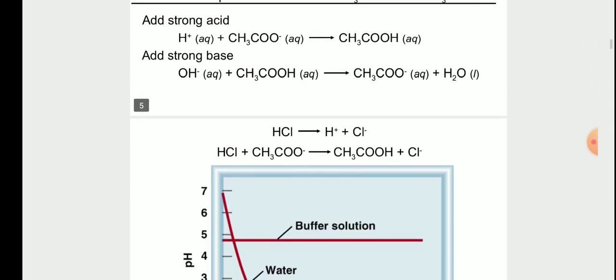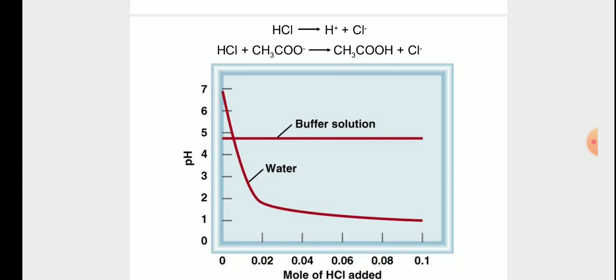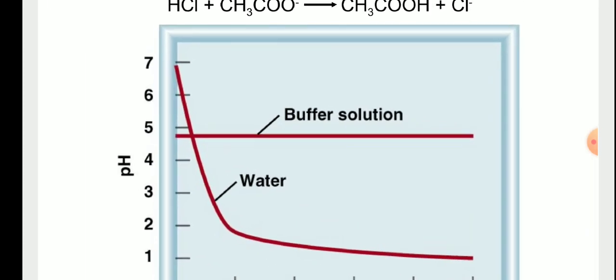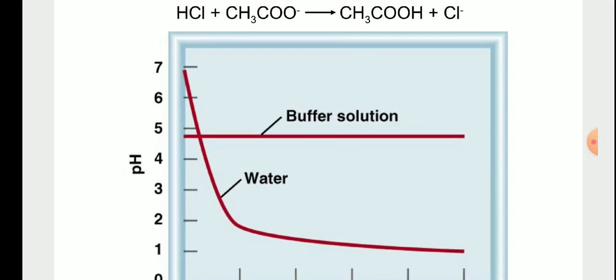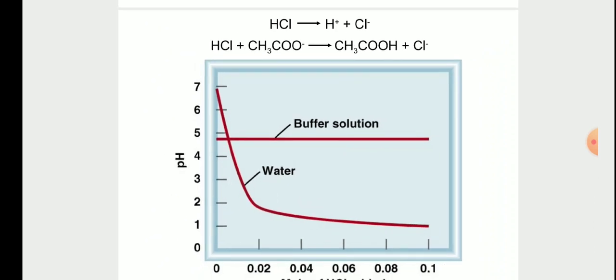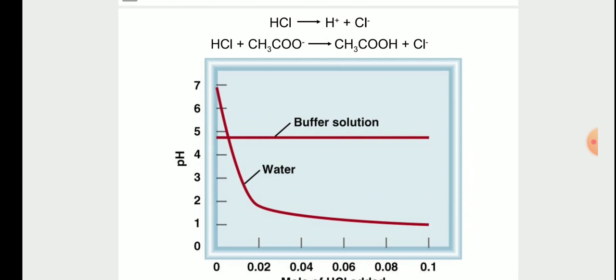Now we are considering a buffer solution and normal water. Look here at the sodium acetate and acetic acid buffer. If you add HCl solution to the buffer solution, the pH will not change. The pH will remain fixed below 5 and above 4.